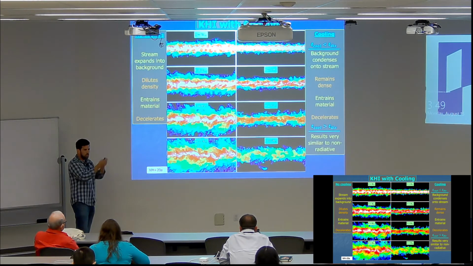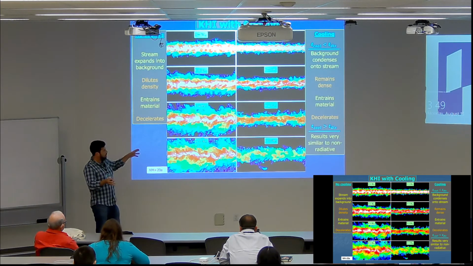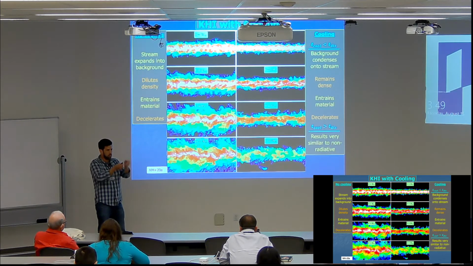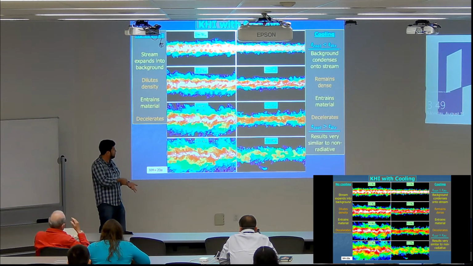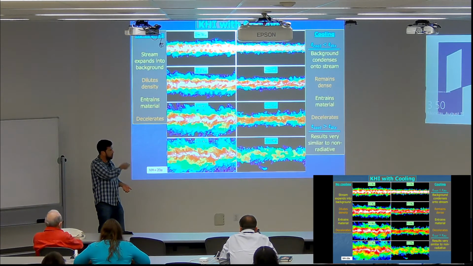Without cooling, the stream expands out into the background as the Kelvin-Helmholtz instability begins to throw stream material out into the background. That, number one, dilutes the central densities of the stream. Number two, it really pollutes the CGM with a lot of material that was initially in the stream, thereby, if you will, diluting the metallicity of the CGM, while the core of the stream remains pretty unmixed and very metal poor.